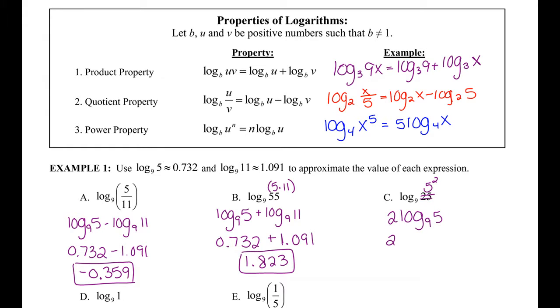And I can replace log base 9 of 5 with 0.732, which gives me an answer of 1.464. We will look at the other two problems on the bottom of this page together in class.